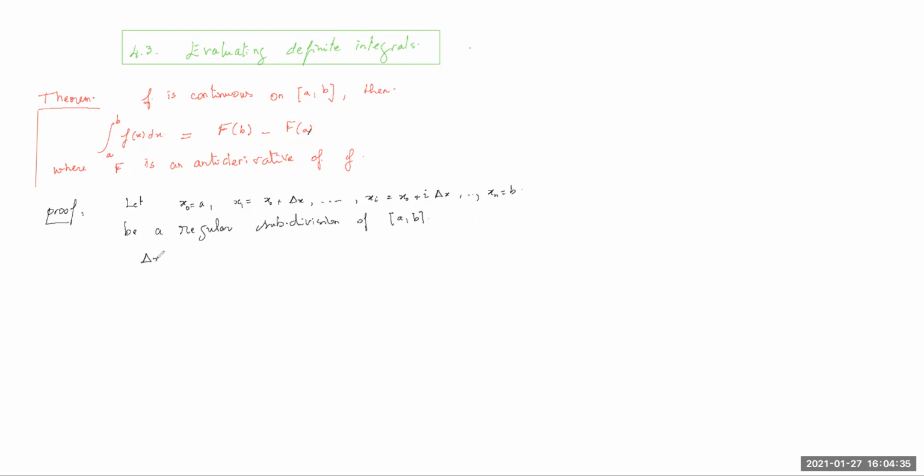With delta x regular, it's just the length of the interval divided by n. So the sizes of all the subintervals are equal to delta x.